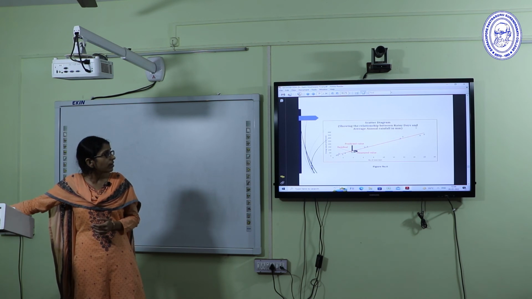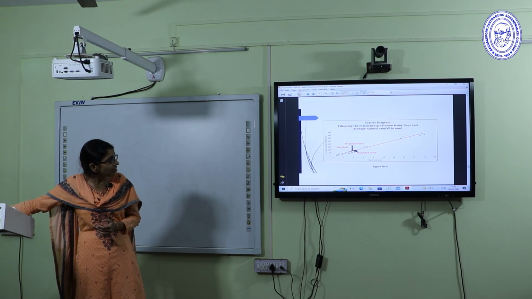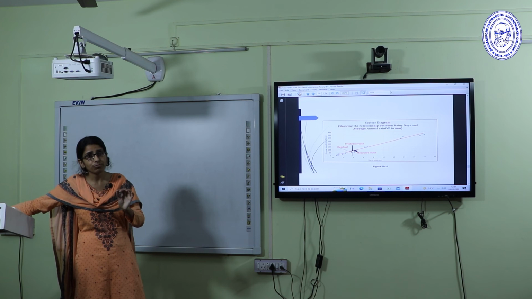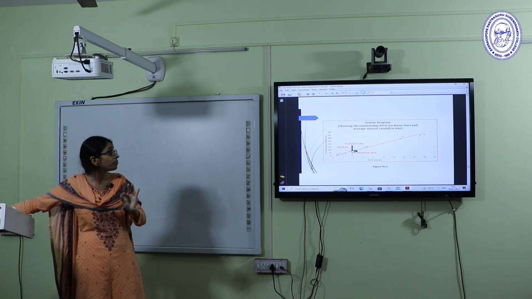This is our regression line, and these are our observed points. So, this is our residual. If we consider this particular value, this is our measured value. We observed or measured it.